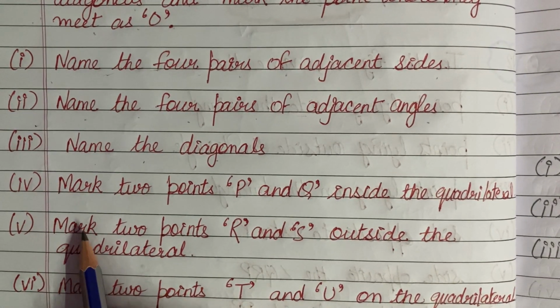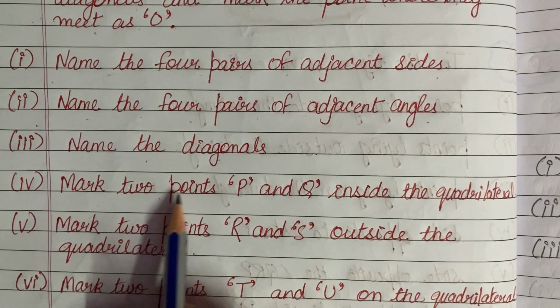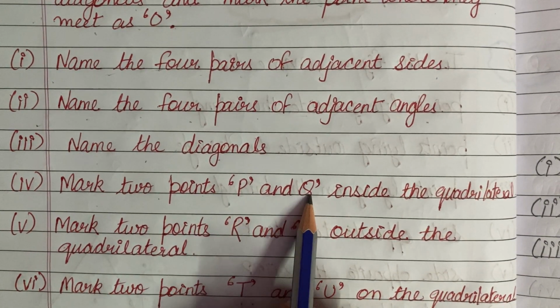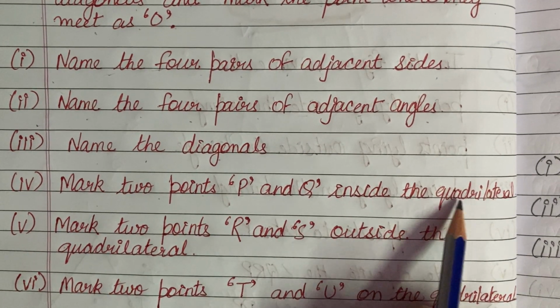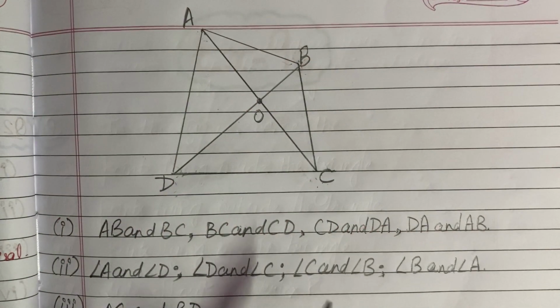Fourth point says that mark 2 points P and Q inside the quadrilateral. Now students, you know that inside means interior.